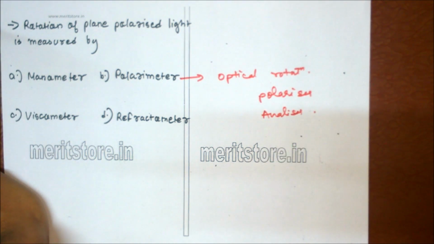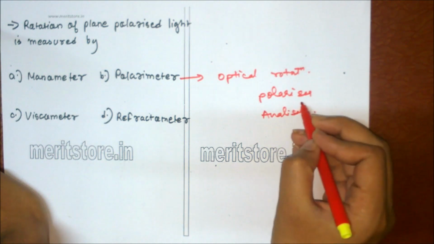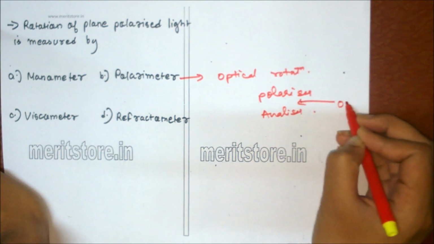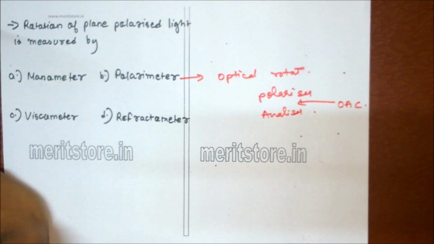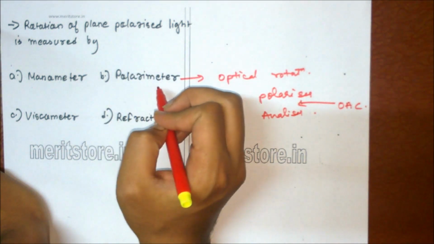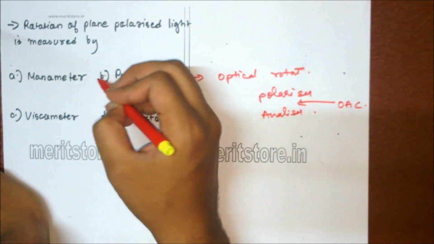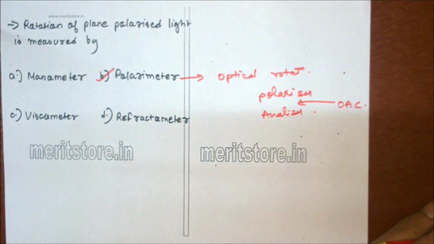In between the polarizer and analyzer, a glass tube containing a solution of an optically active compound is placed. This leads to polarized light rotation, which is measured by a polarimeter. Option B is the correct answer.